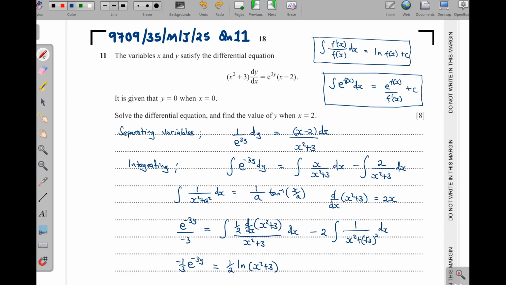Then here, we shall have minus 2, times our a here, which is the root of 3. If you compare with this one, it is going to be the root of 3. So we shall have 1 over root of 3, then the arctan of x out of root of 3. You get it? Then plus c.